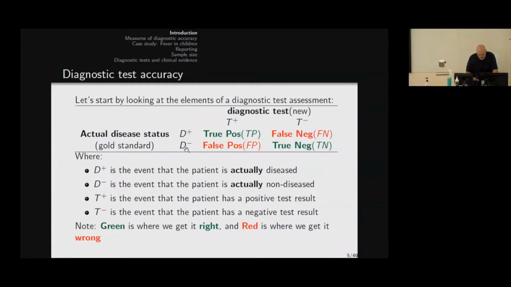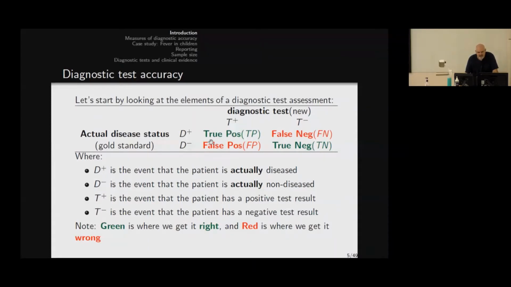Now that's truth. The diagnostic test, our novel diagnostic test, will say you have the disease, or it will say you will not have the disease. We don't know whether that's true or not, and that's the whole purpose of diagnostic test evaluation, okay?